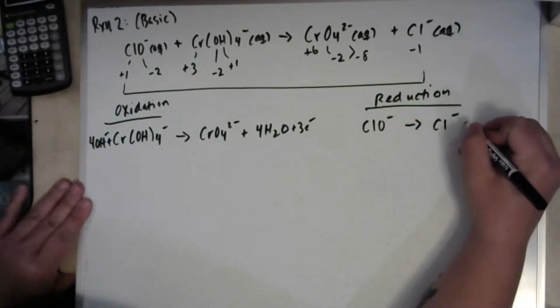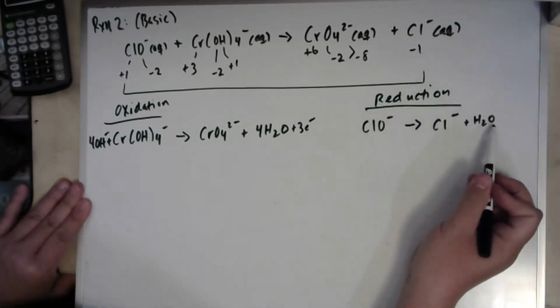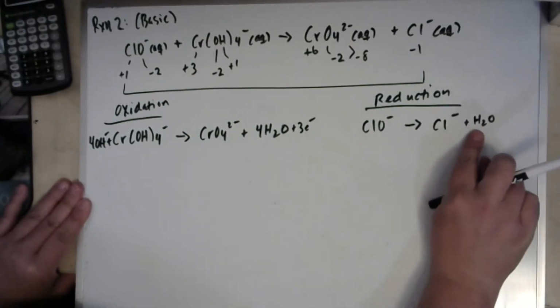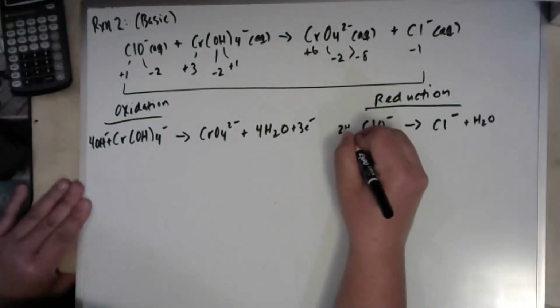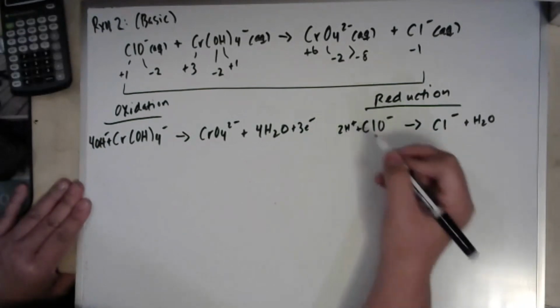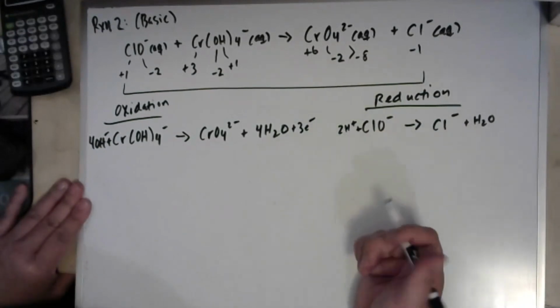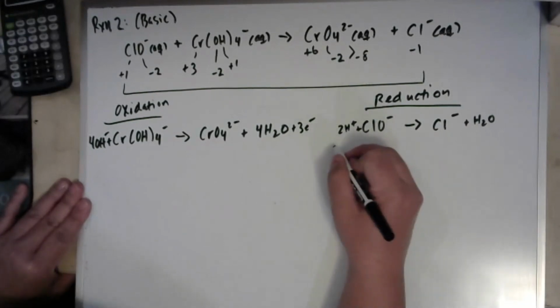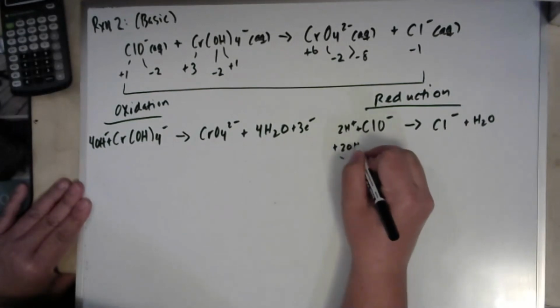My reduction half reaction, my chlorines are balanced. I'm going to add 1 water over here so that my oxygens are balanced. Now I have 2 hydrogens here, so I'm going to add 2 H pluses over here to balance out my hydrogens. Can't have hydrogen ions in a basic solution, so I'm going to add 2 hydroxides to each side.